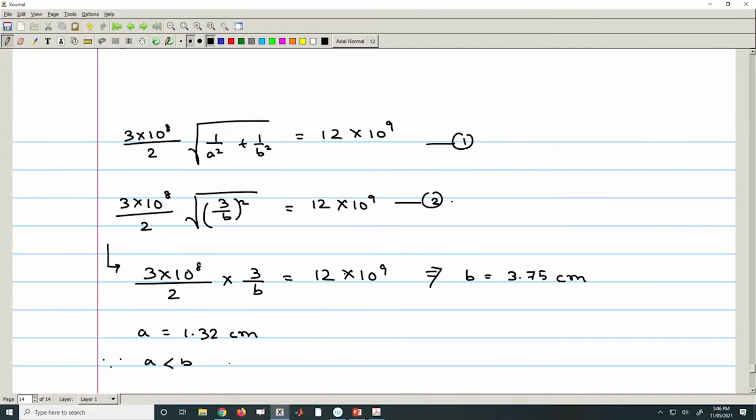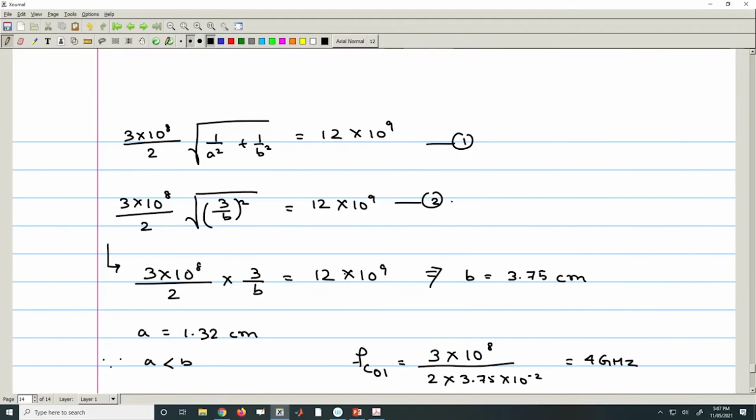Okay. Now, if it is TE01, then what will be the Fc? So, fc01, we will have c, 3 into 10 to the power 8 upon 2b. So, 2 into, we have b as 3.75 centimeter. Okay. That is 4 gigahertz.